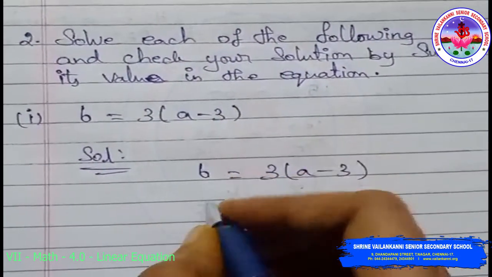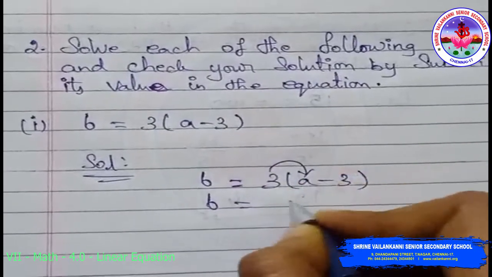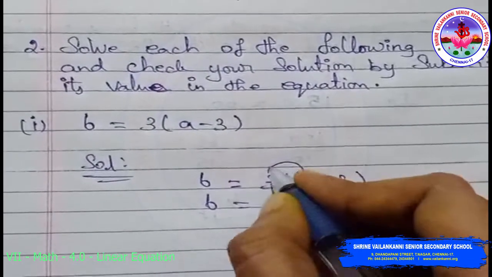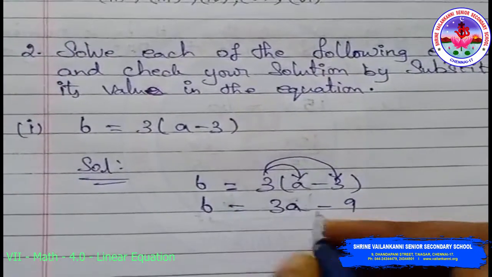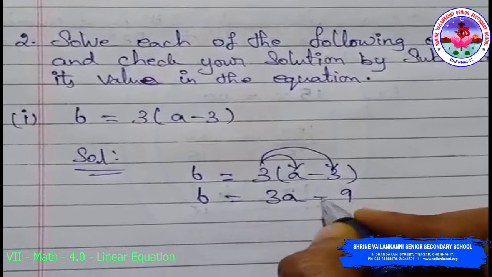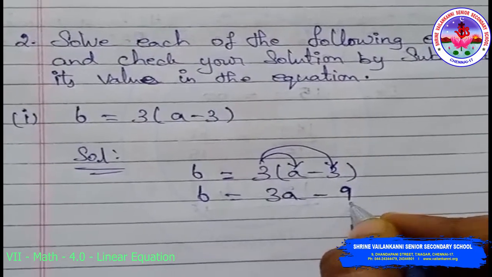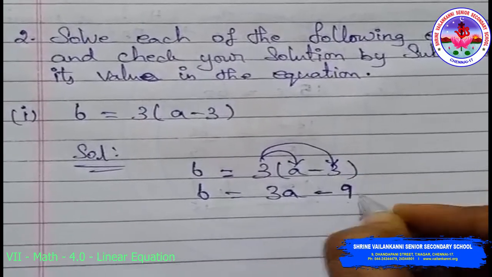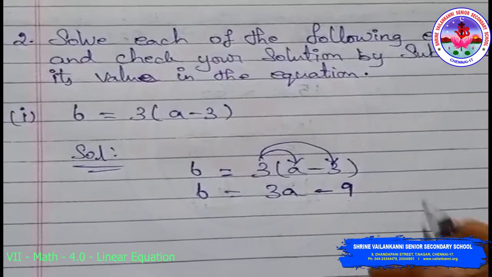Here the LHS is 6, as it is. Using the distributive law, 3 into a, 3a, minus 3 into 3, 9. Now find the variable value. So you can cancel out the constant value. Here the constant value is negative 9. How will you cancel out the negative 9? Add positive 9 on both sides, so that negative 9 will be cancelled.